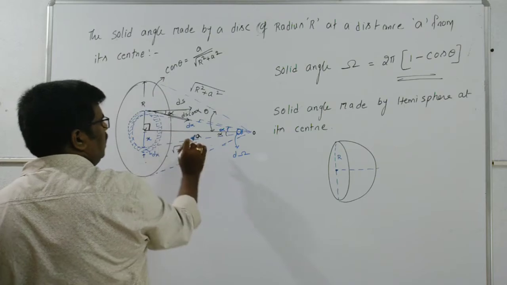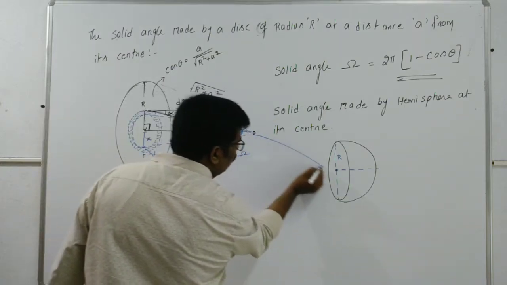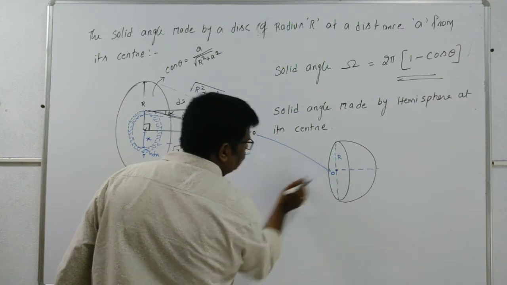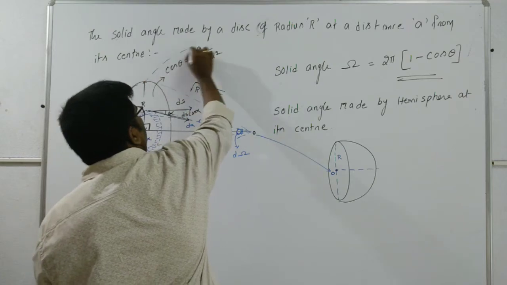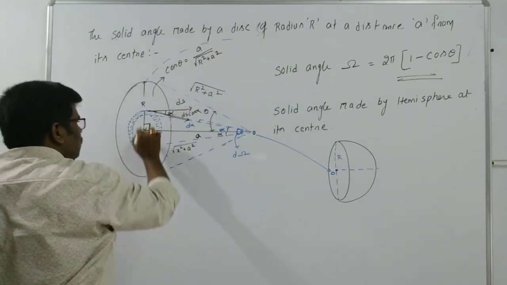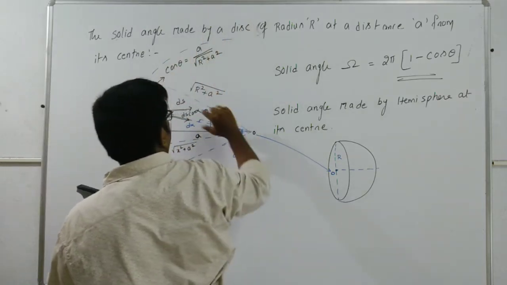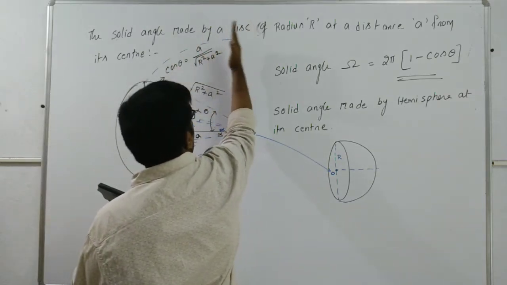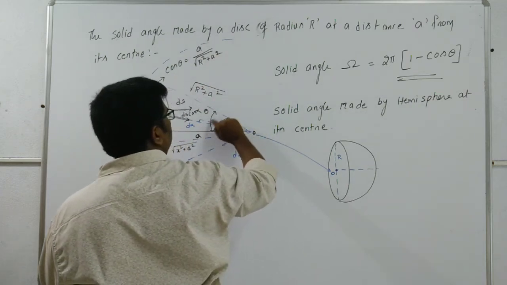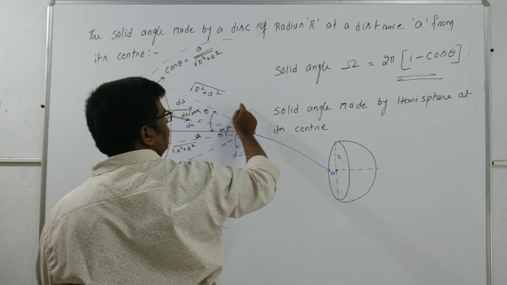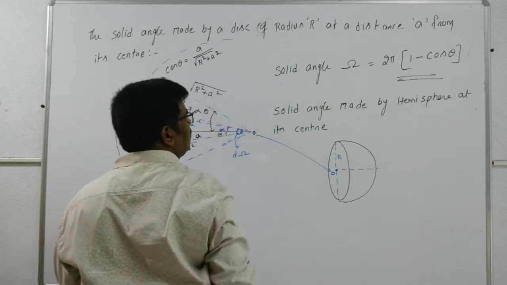O is this point O. You extend this up to here, like this. Then what does theta become? This theta is coming like this, so its value is now how much? 90 degrees, or not?